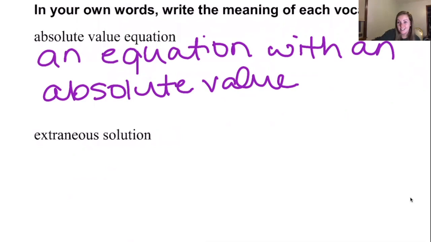So an extraneous solution. This is a solution that must be rejected, or an apparent solution that must be rejected because it does not satisfy the equation.